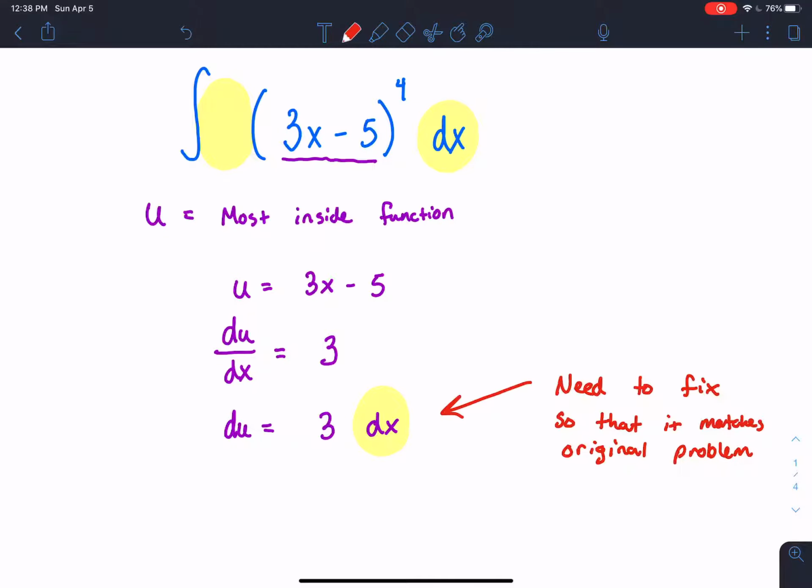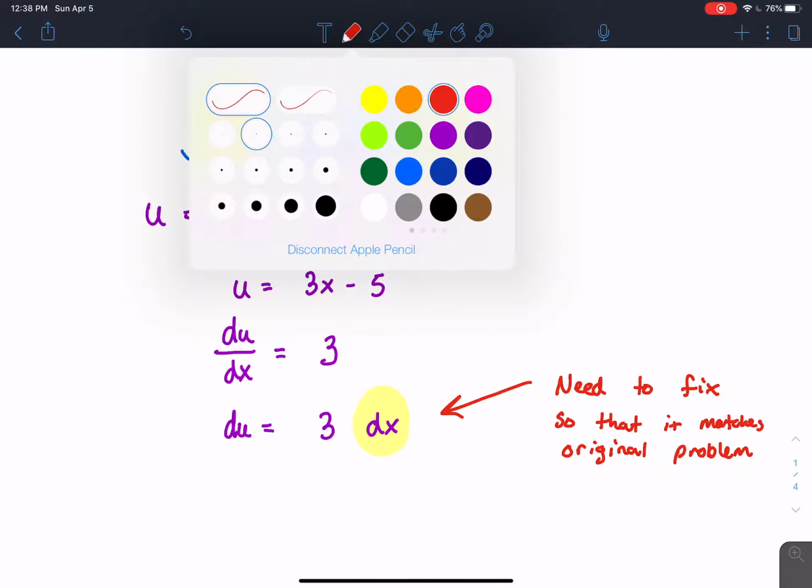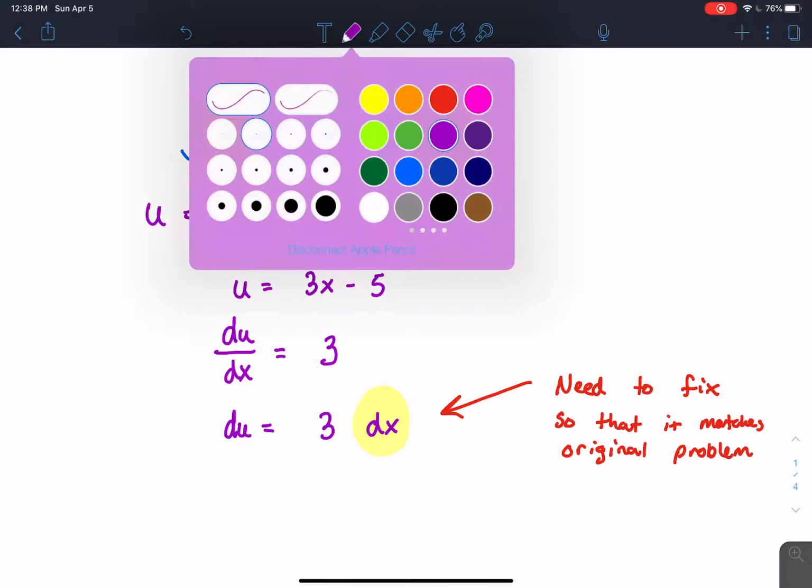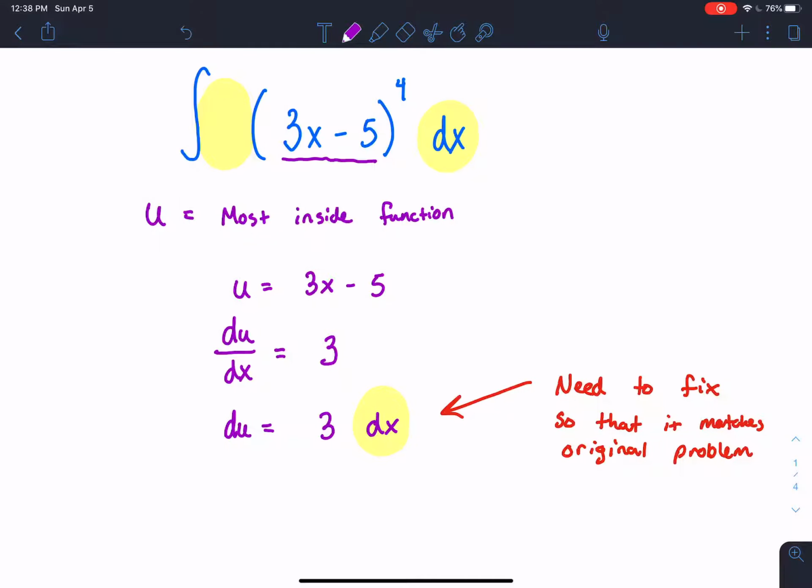The original problem only has dx. It doesn't have the 3. So we're going to divide the 3 to the other side so that it's the same. So you have 1/3 du equals dx. Now that matches up with what you have right here.